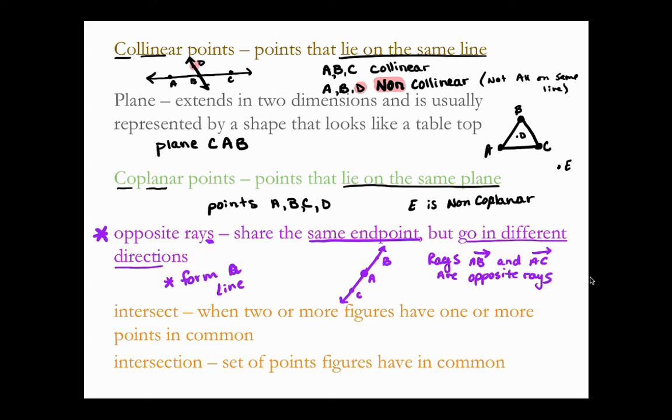The next two vocabulary words are related to each other: intersect and intersection. So when two or more figures have one or more points in common, they are going to intersect.